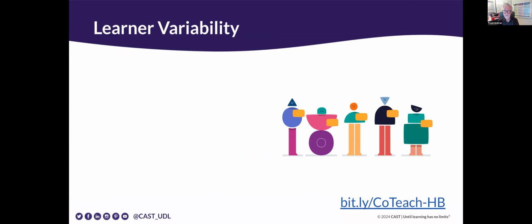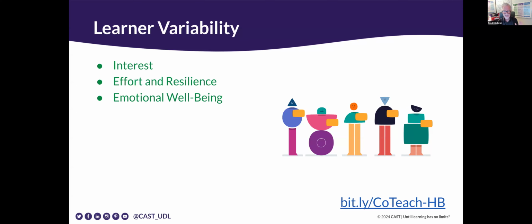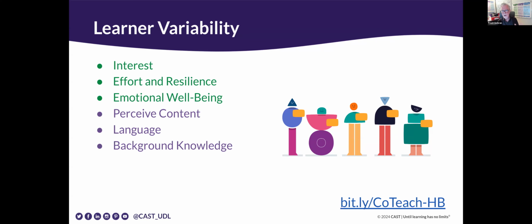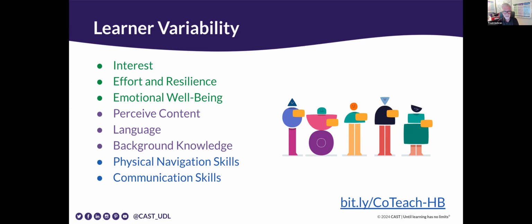So in talking about variability, we want to call it out again. When we think about the arrangement or the design of the UDL guidelines, it's all divided up into these 9 areas, as you all know: interest, effort and resilience, emotional well-being, perceiving content, language use, background knowledge, physical navigation skills, communication skills, and executive function skills.